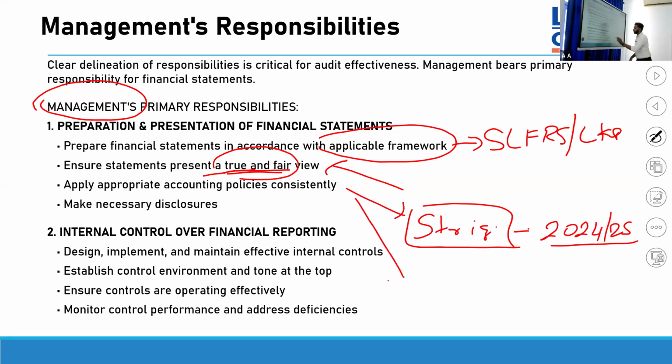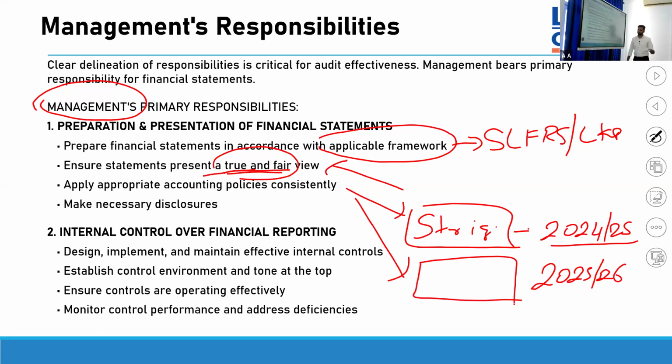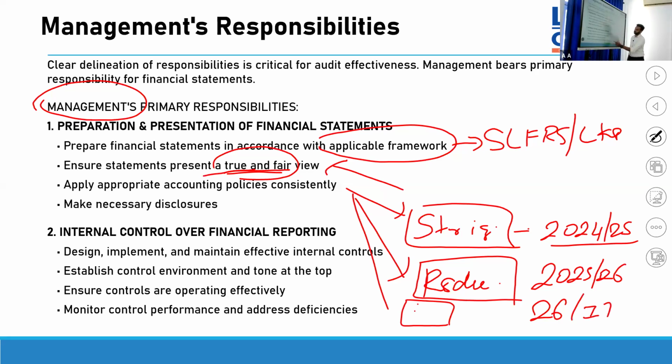But when they prepare the financial statements in 2025-26, they change their accounting policy for depreciation to the reducing balance method, right? Again, when they prepare the financial statements in 26-27, they use straight line basis. Here, the consistency is not there.